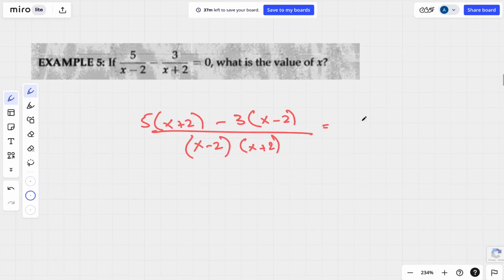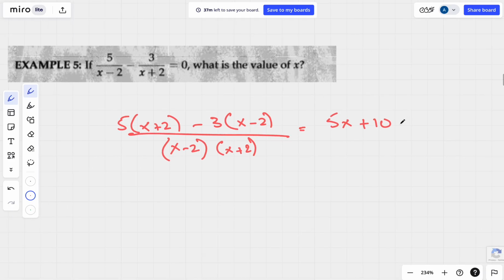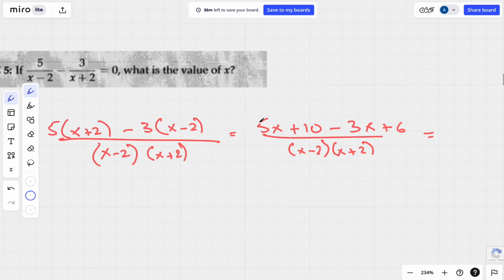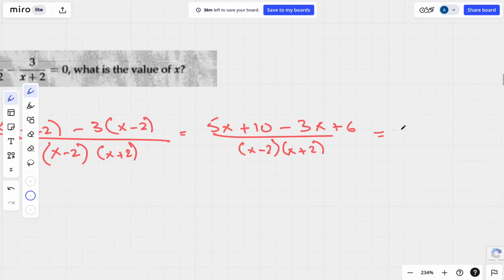If we open brackets, we get 5x plus 10 minus 3x plus 6, divided by x minus 2 and x plus 2. Simplify this, we will have 5x minus 3x, which is 2x. 10 plus 6 is 16. 2x plus 16 over x minus 2 and x plus 2.